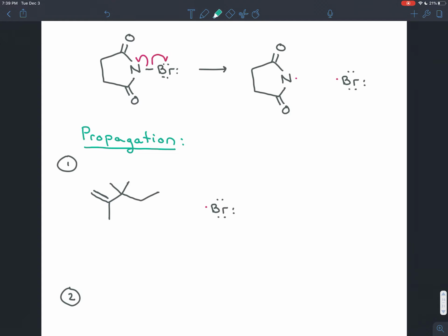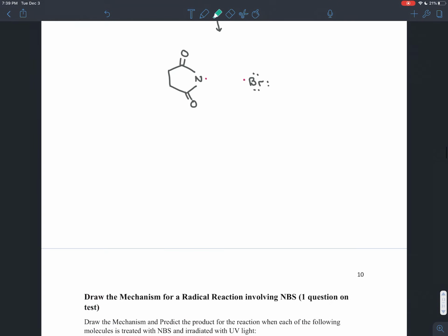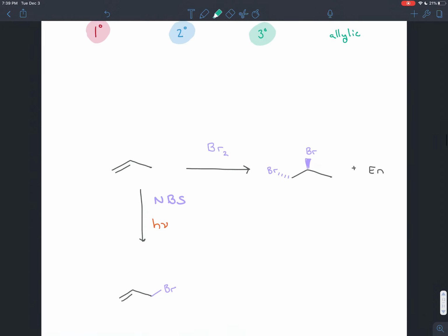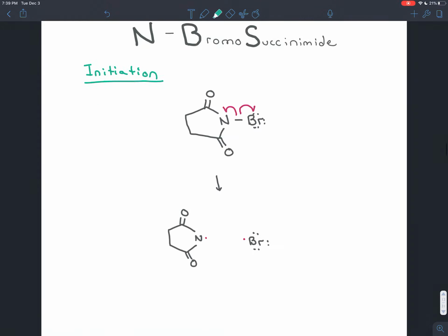The most vulnerable hydrogen is the one that leaves behind the most stable radical. And we saw that the most stable radical is an allylic radical. The radicals become more stable as the carbon becomes more substituted. The allylic radical is the most stable of all of them.